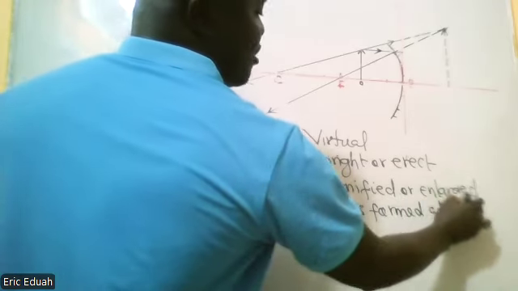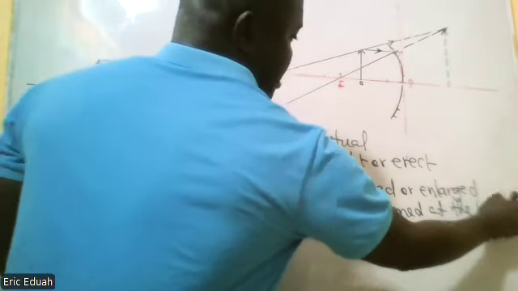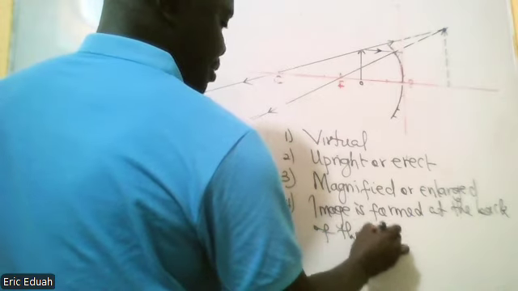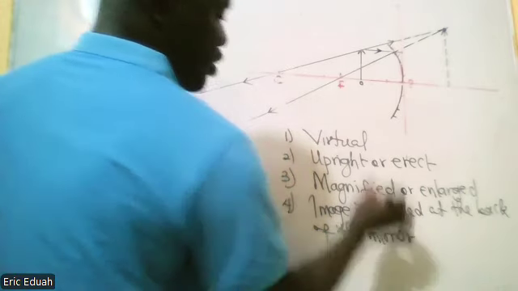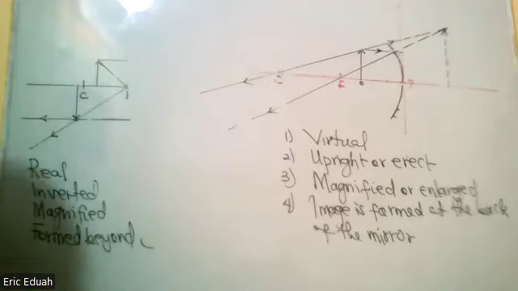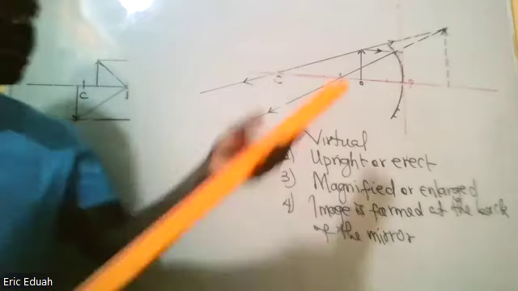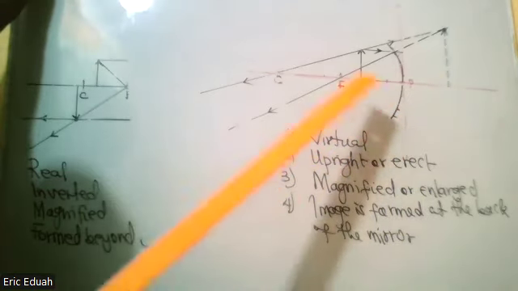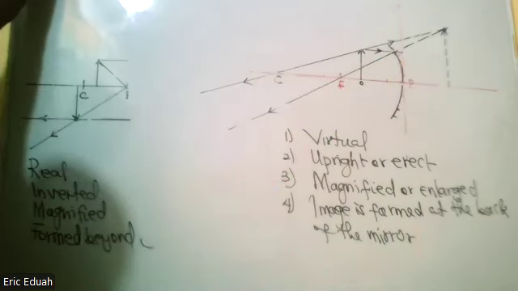So these are the characteristics of the image formed when the object is placed between the pole of the mirror and the principal focus.